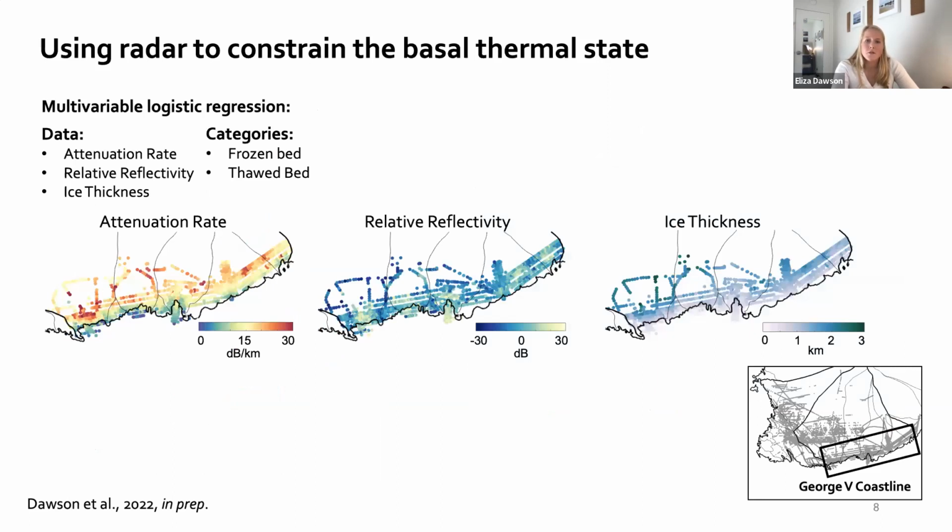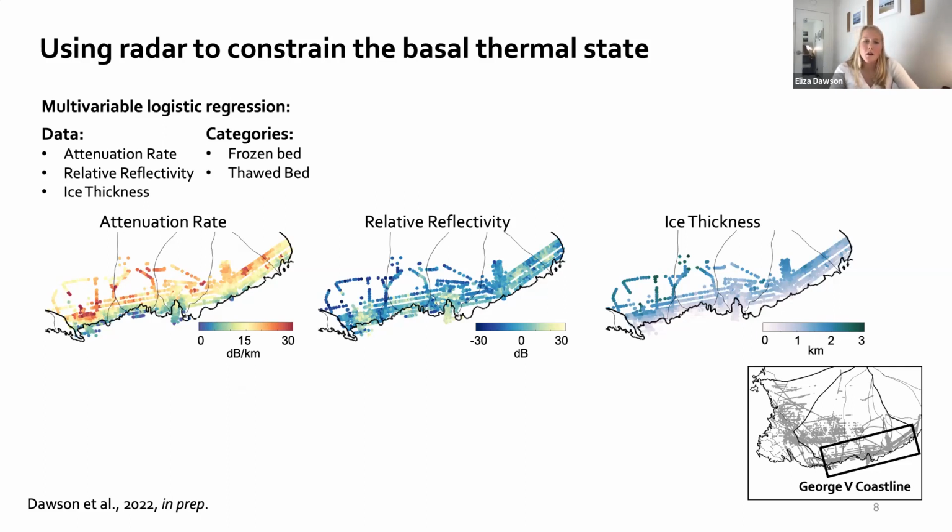So then what I do is I'm able to investigate the basal conditions using the radar attenuation and reflectivity to get out some constraints. The first thing that I do is I process the radar data to back out the attenuation and reflectivity for all the flight lines that I have along the coast here.